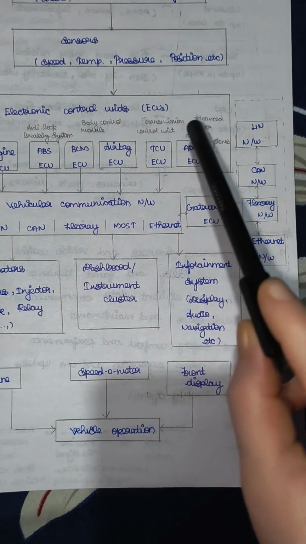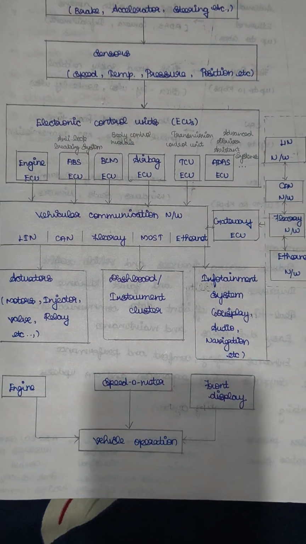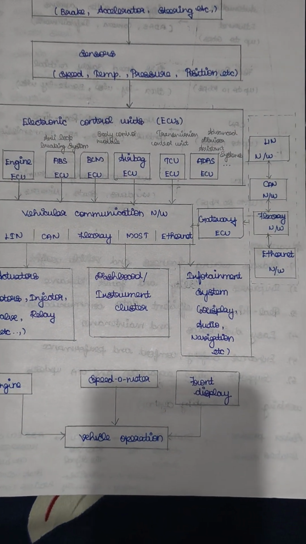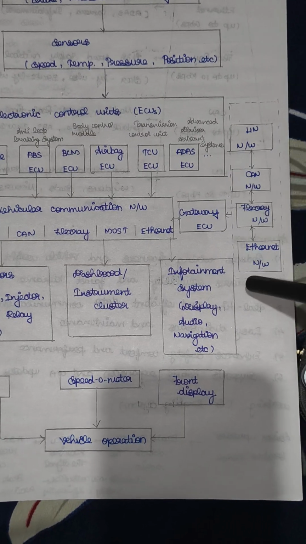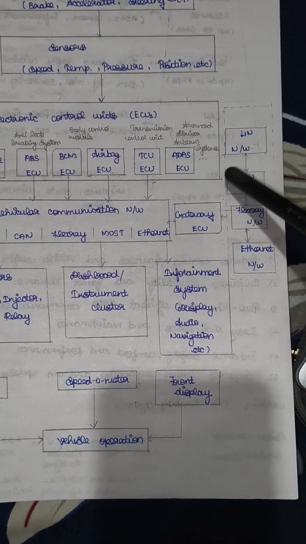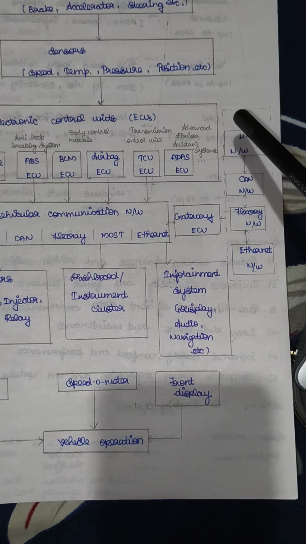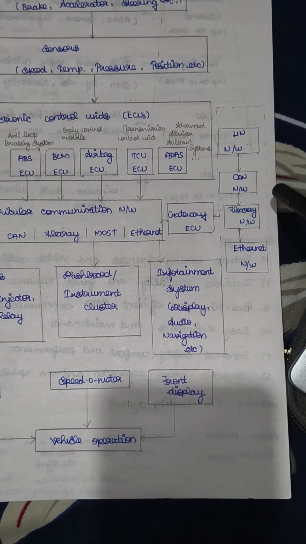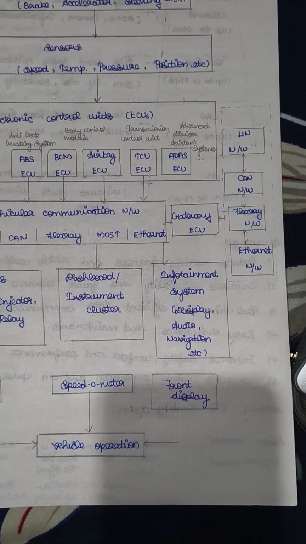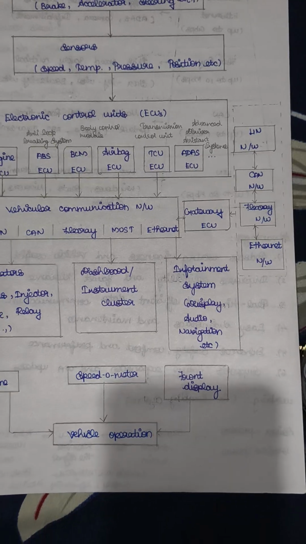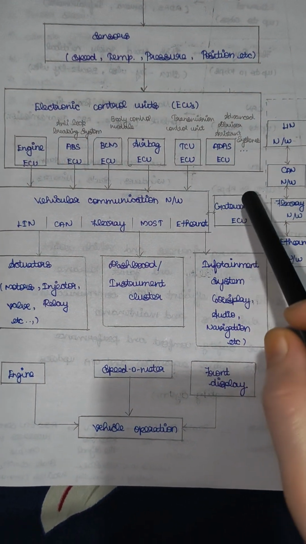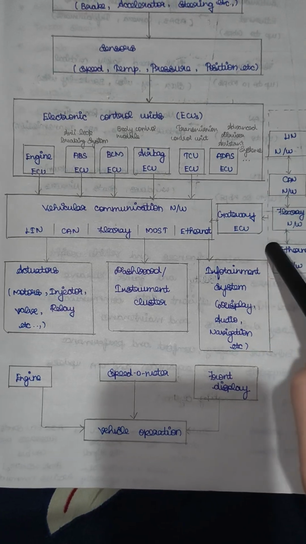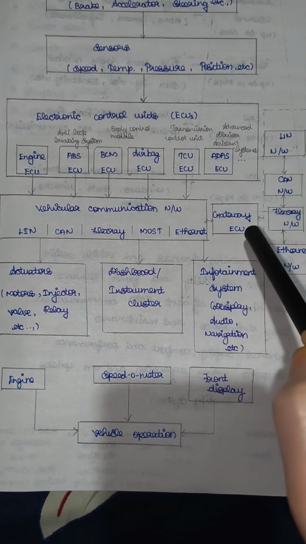All these ECUs communicate through the vehicle communication networks. This diagram shows several communication protocols, which include LIN, CAN, FlexRay, MOST, and Ethernet. All these protocols support different functions, and different protocols can be selected depending on the requirements of the application. The communication network then connects to different systems.